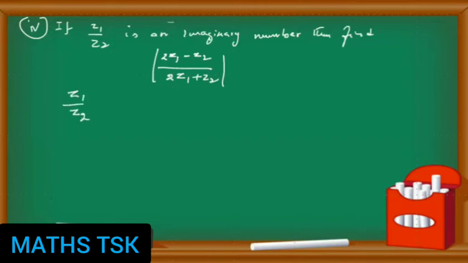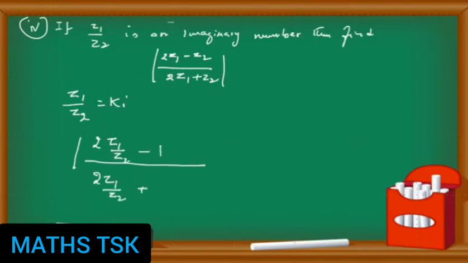Since z1 by z2 is an imaginary number, I consider it as ki. Take this value, dividing 2z1 and z2 by z2, we will get 2z1 by z2 minus 1 over 2z1 by z2 plus 1. So this you can write as 2ki minus 1 by 2ki plus 1.